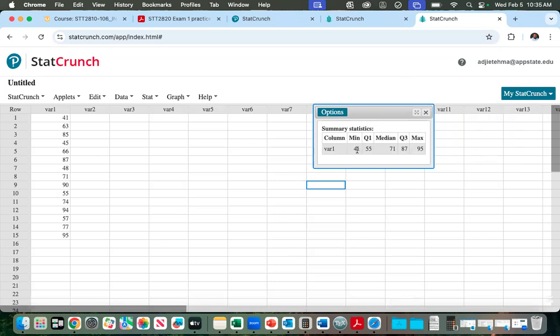So the minimum is 41, Q1 is 55, the median is 71, and then Q3 is 87, and then maximum is 95. So I think that order is not listed, so it has been corrected. So you could see the answer is at the bottom. Is that okay? 41, 55, 71, 87, 95.